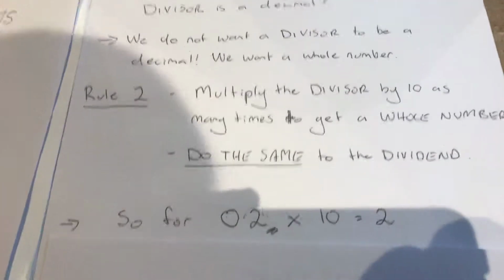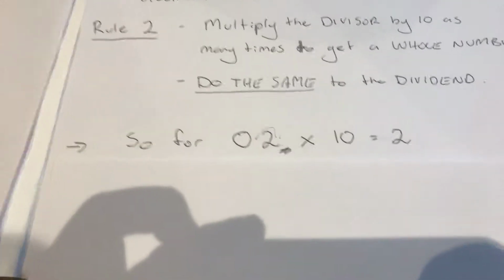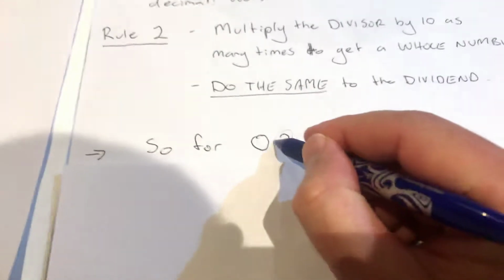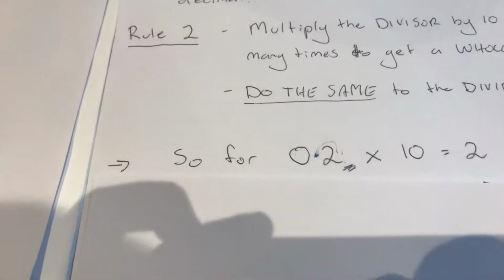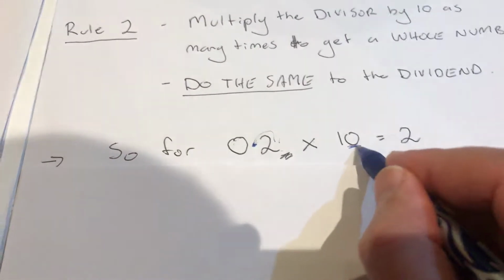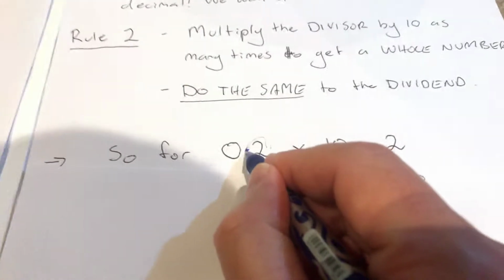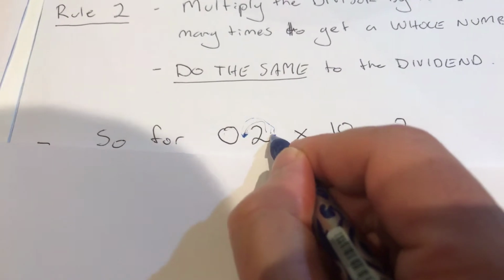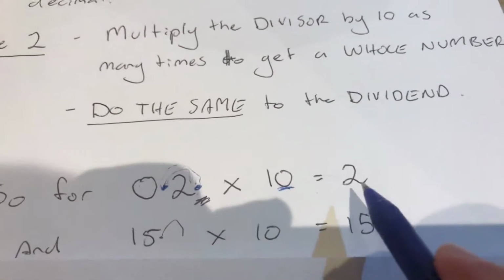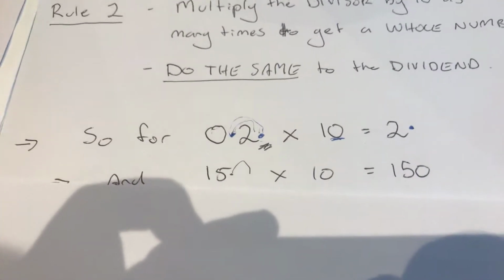If you remember moving decimals by powers of 10, our decimal is here at this stage. If I multiply it by 10, there's 1 zero in 10, that means I'm going to hop one space. So my decimal place goes over here, and we end up with 2. And we can put the decimal on the right there if we want to.